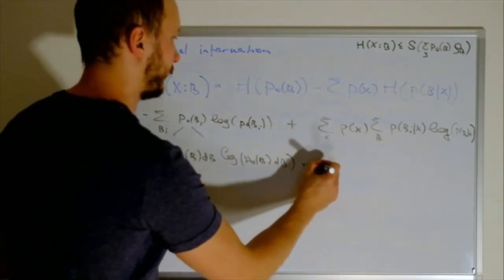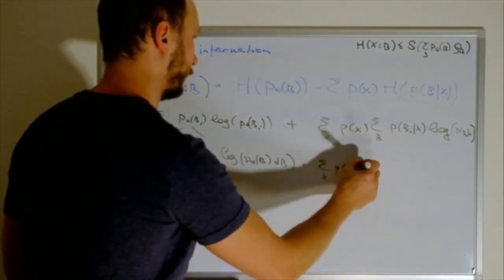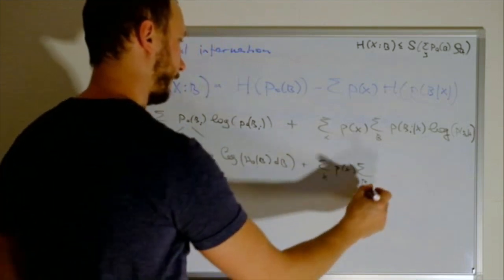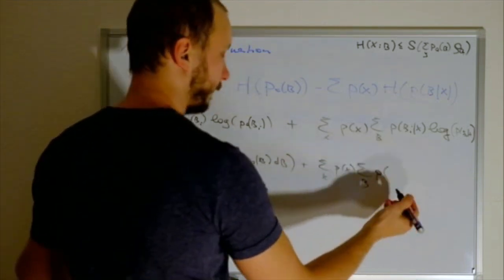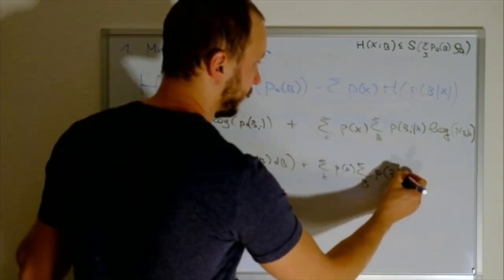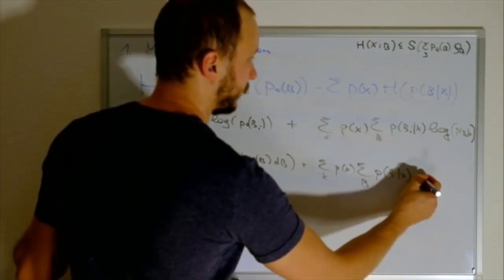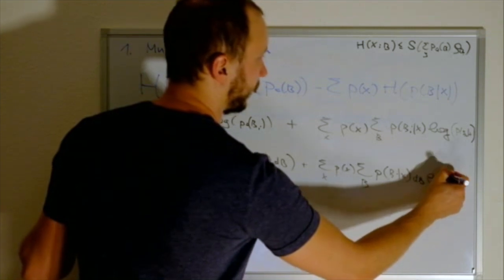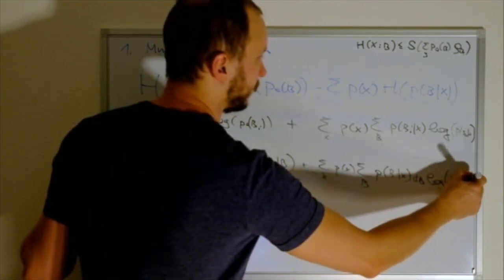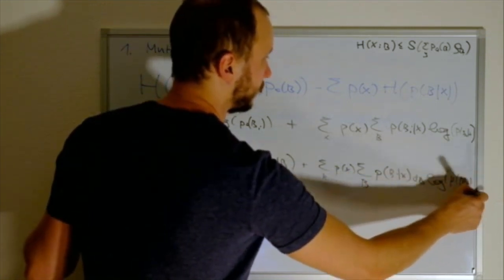Plus the sum over X of P of X, sum over B of P of Bi conditional on X times dB, and the same thing here, log of P of B conditional on X times dB.